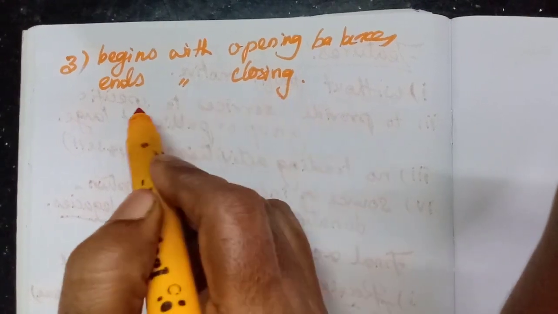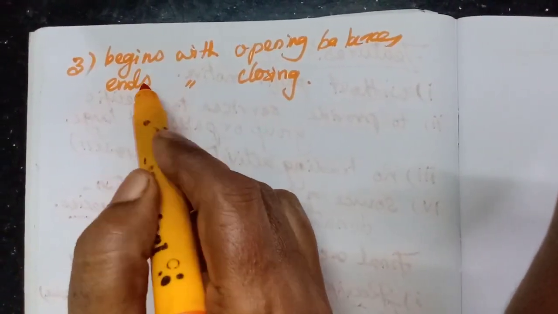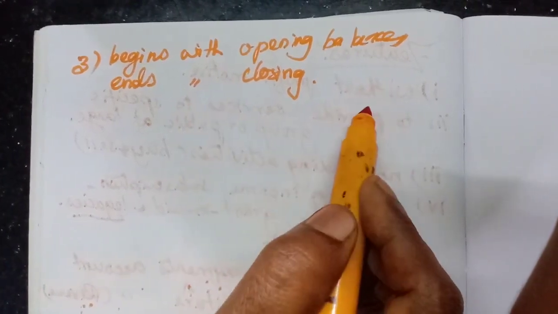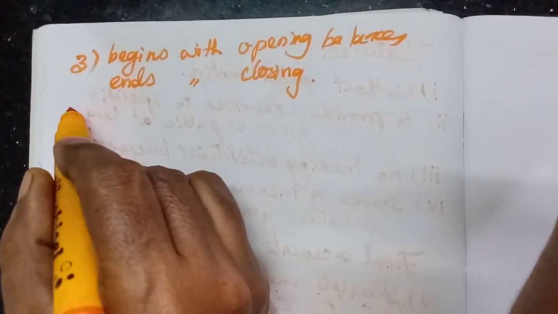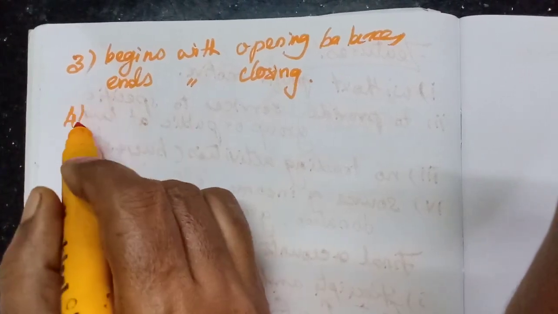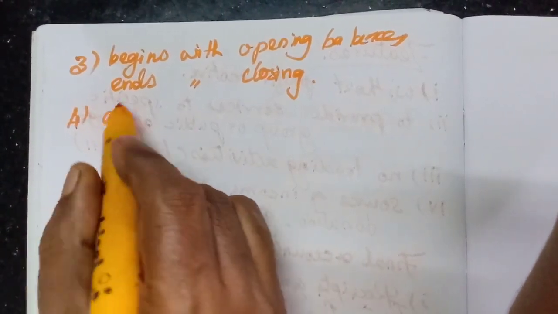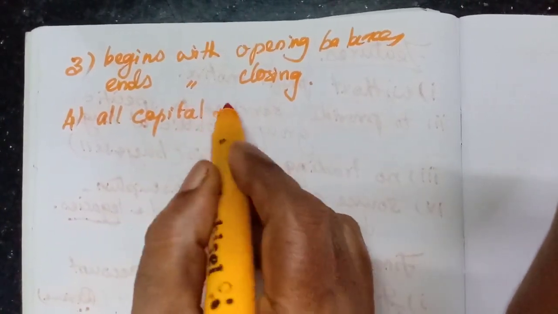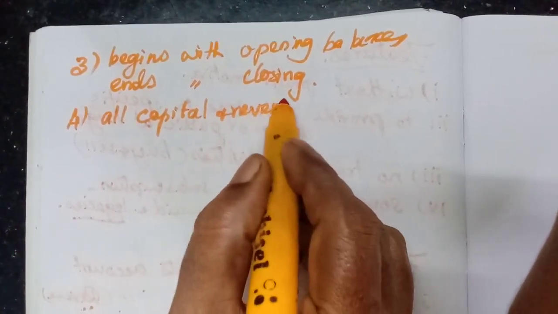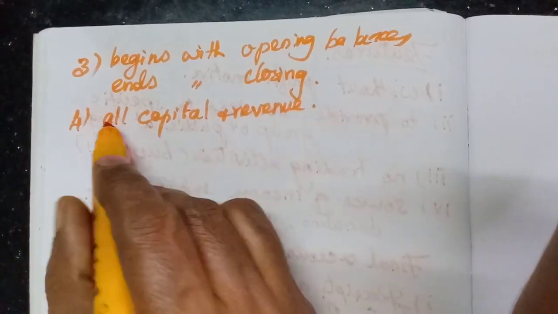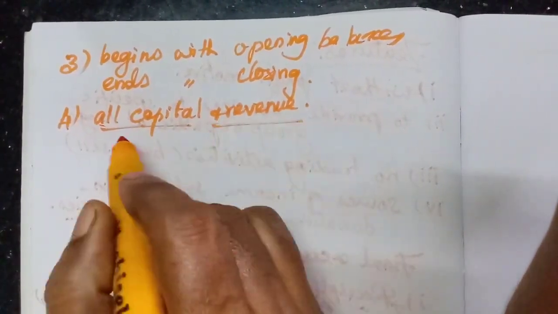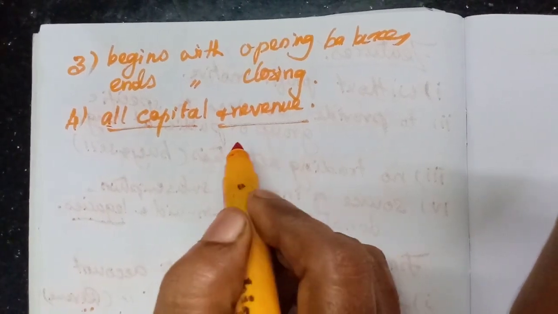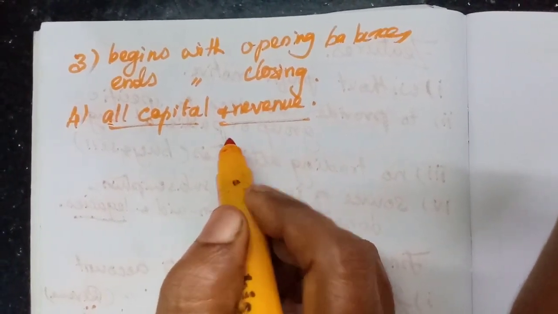After this, we will enter all the receipts on the debit side, all the payments on the credit side. Then which type of receipts and payments? All capital and revenue receipts and payments. Not only capital, both capital and revenue receipts and payments will be recorded in the receipts and payments account.